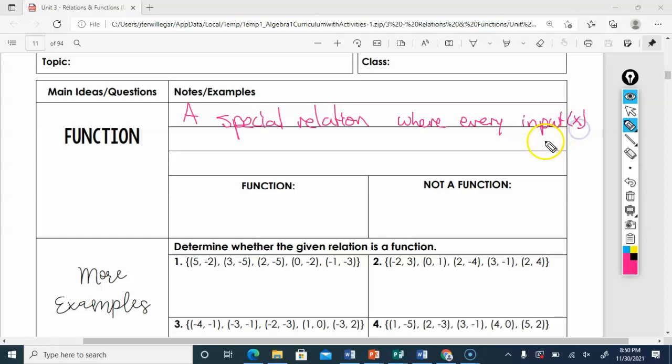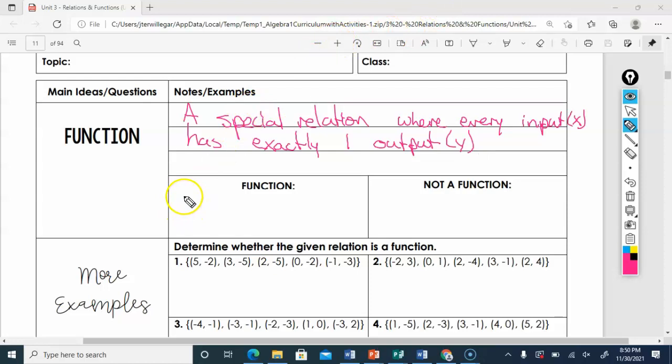It's going to be our x. We're going to plug something in for x. So every input has exactly one output, or a y. You know, like y equals mx plus b. So when we plug in an x, we can only get one answer for y.